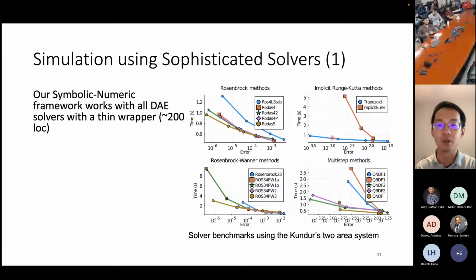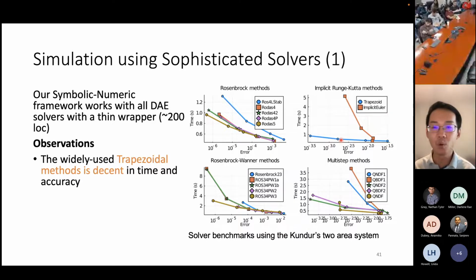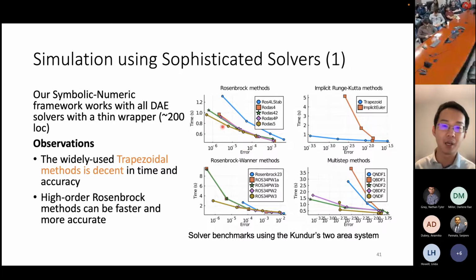The blue line shows the performance of the trapezoidal method, which is quite decent because we have a good trade-off between time and accuracy. But at the same time, the high-order Rosenbrock method shown here, for example this point, can achieve a higher accuracy, which is 10 to the negative 5, with a shorter computation time, below 0.8, as opposed to almost 0.9 in the trapezoidal method.